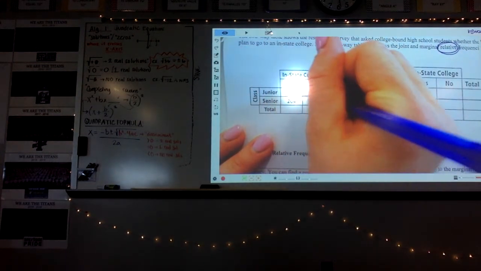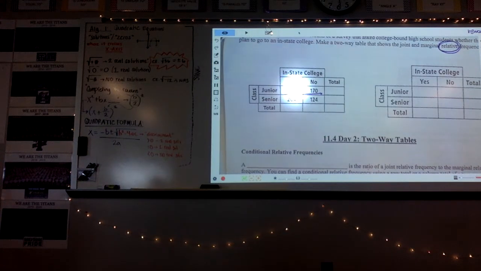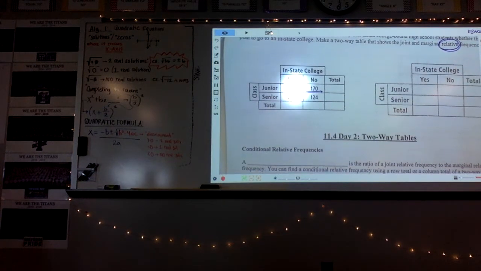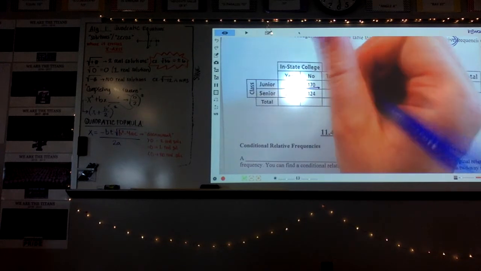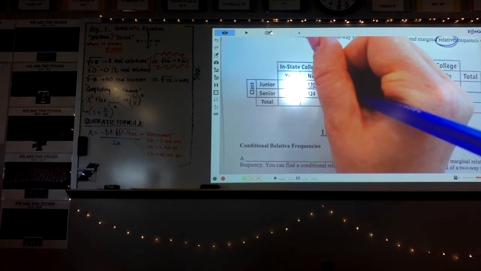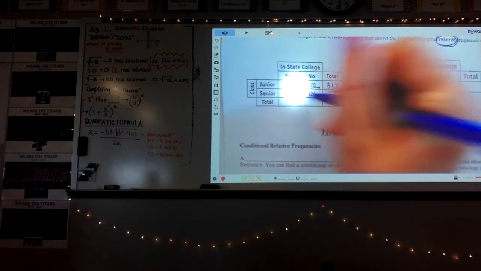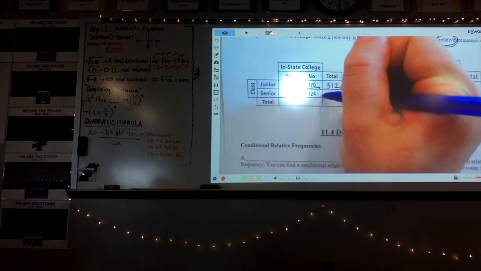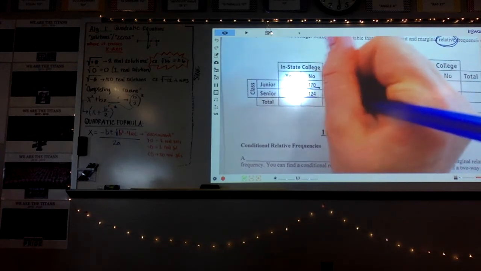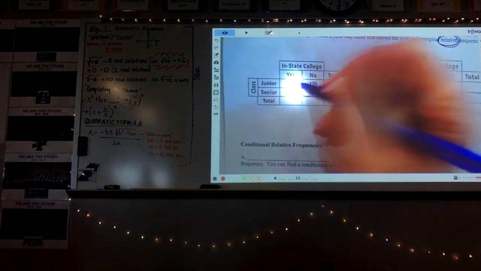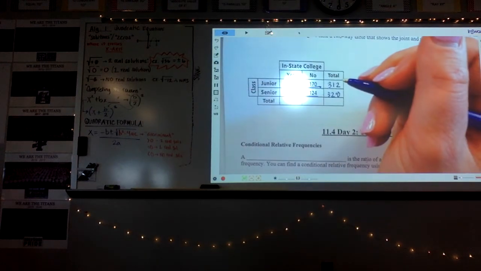So, how many total juniors are there? 142 plus 170. Magnus, what's 142 plus 170? Let's see how many total seniors there are. 204 plus 124. Lily? Okay, how many total are going to in-state college?